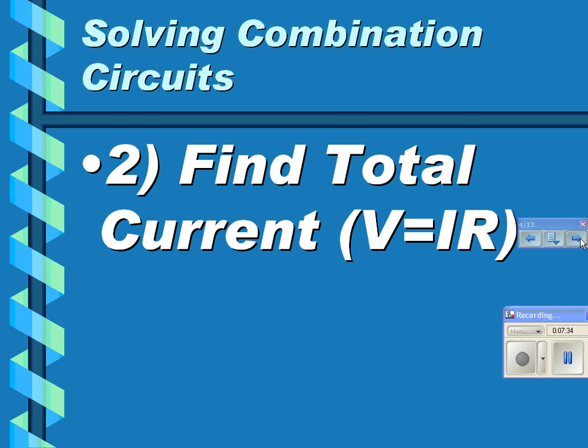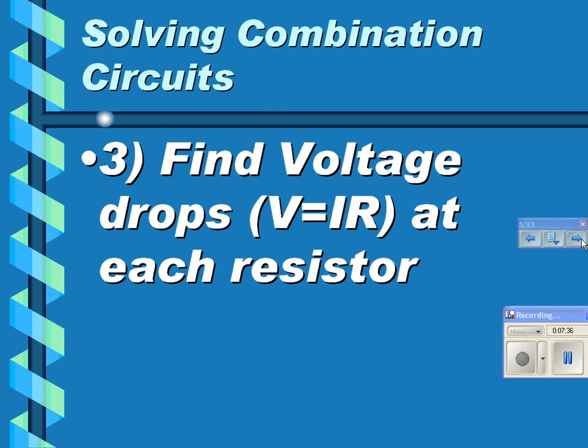This is the equation. Once you've found the total current, now you can start to figure out how much voltage gets used by each resistor, or how much we sometimes call a voltage drop, because V equals IR. That's pretty easy. The voltage drop is just the V used by each resistor. We say the voltage is dropped because that much energy has been used by that particular device.